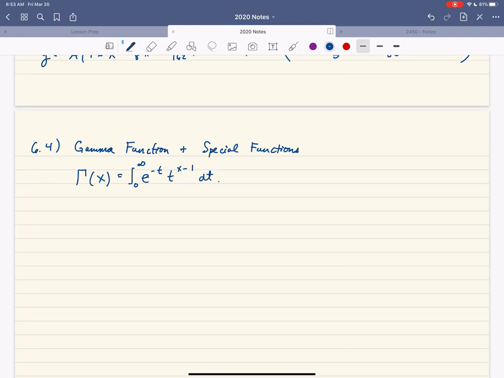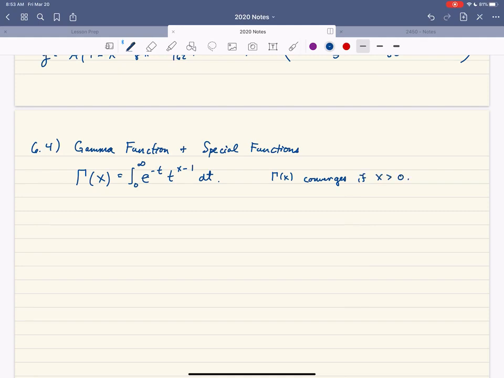And what we want to do is talk about some values that this gamma function is going to give us. I just want to point out that this function, gamma of x, converges in the Calc 2 sense, that it's an improper integral, so the improper integral converges if x is greater than 0.